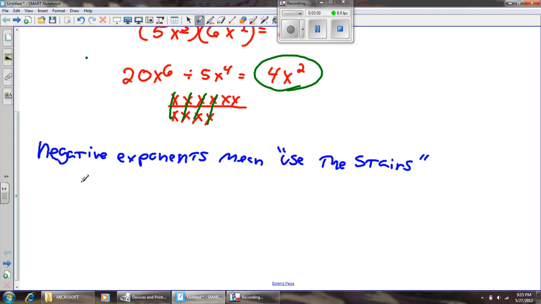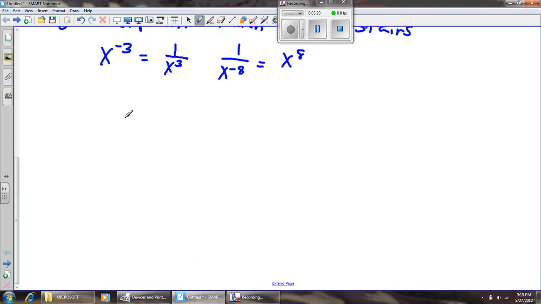And what that's saying is if I have x to the negative 3rd, that's the same as 1 over x cubed. If I have 1 over x to the negative 8th, that's the same as x to the 8th in the numerator. Okay? They get more complex when you have problems like this.